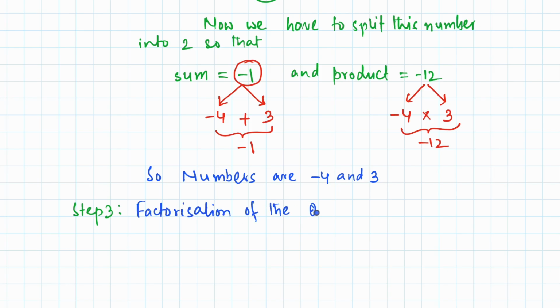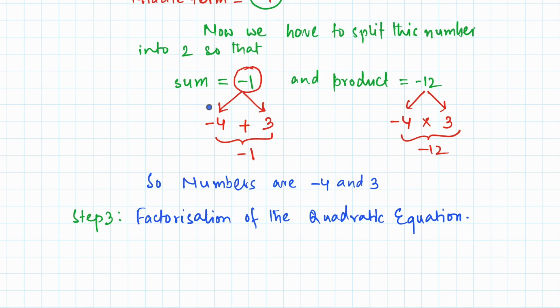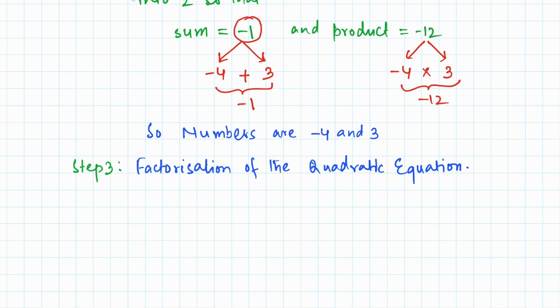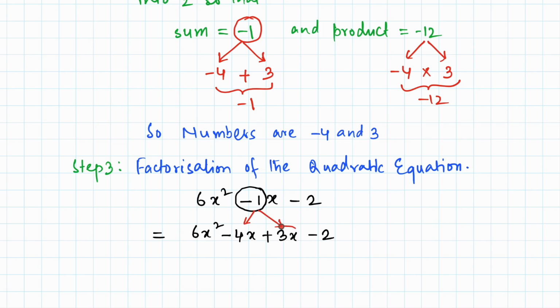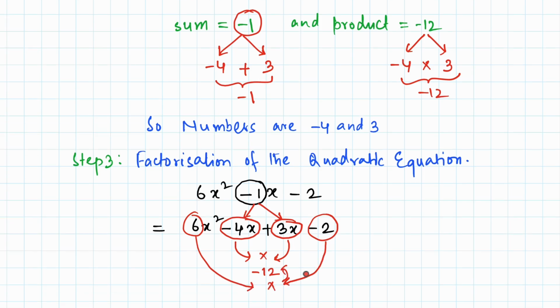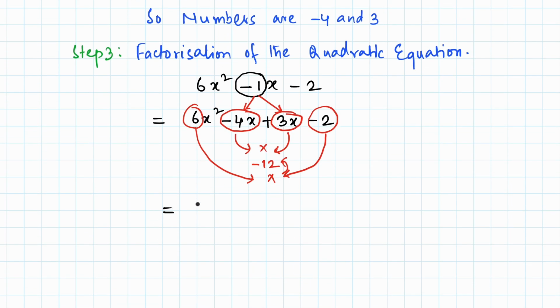Now step 3, factorization of the quadratic equation. So now we will perform the factorization, which will become easy. 6x square minus x minus 2. So minus x, we can write as minus 4x plus 3x, so 6x square minus 4x plus 3x minus 2. If we multiply minus 4 into plus 3, it will give minus 12, and if we multiply 6 with minus 2, this will also give minus 12.